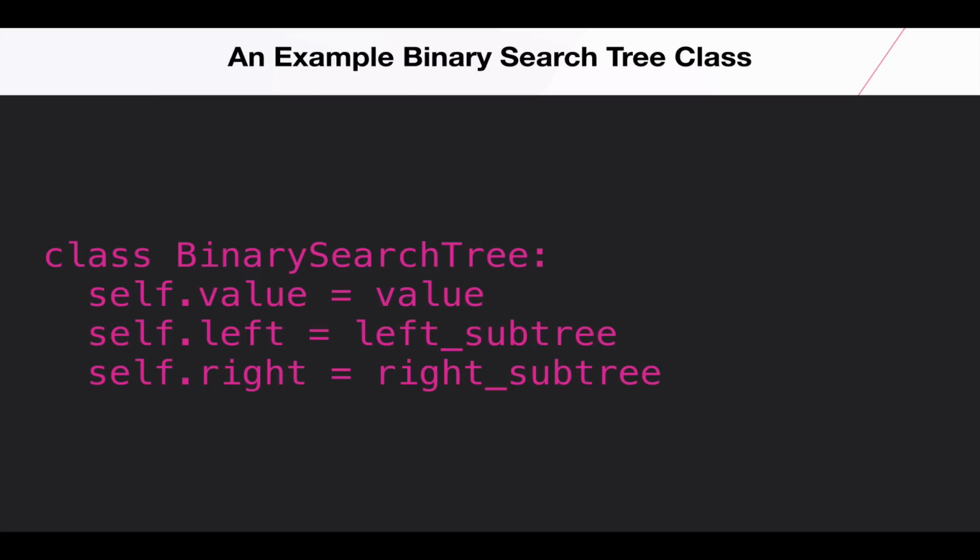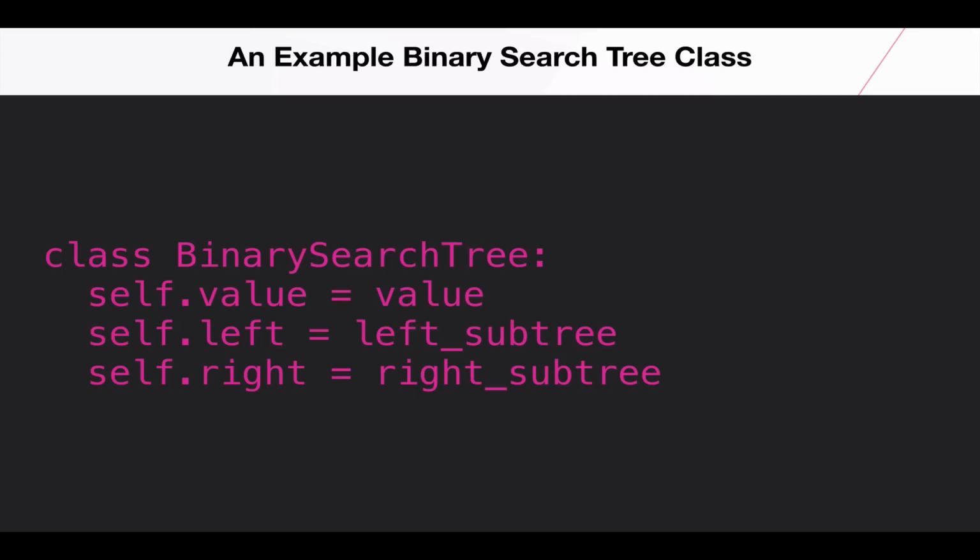Okay, so let's take a look at an example binary search tree class. If we were to translate a single node, a tree node, into a class, into some code, obviously there's going to be the value, so self.value will be set to some value, and then self.left is going to be the left child of the tree at this node, I should say.